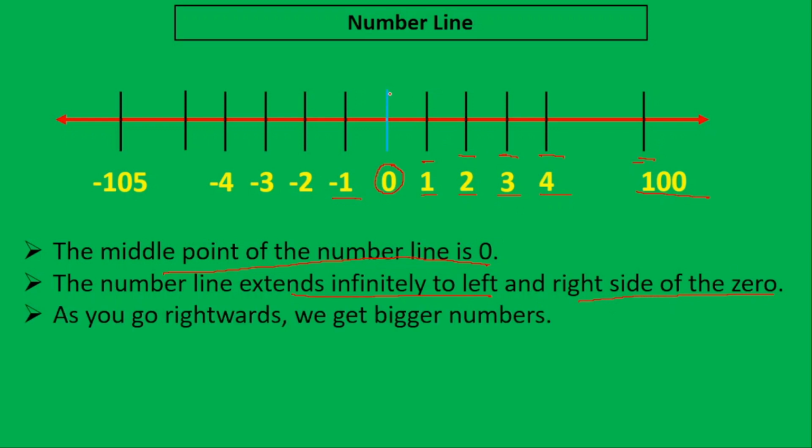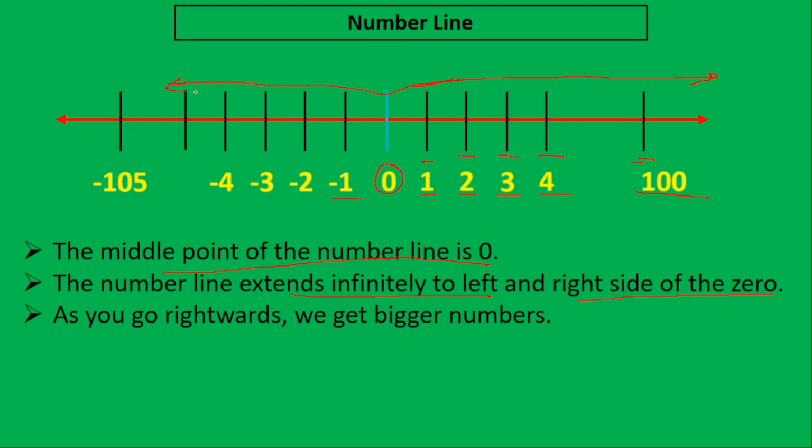The number line extends infinitely to the left and right side of 0. As you go rightwards, we get bigger numbers. So any number coming right after a number is bigger than the previous number. Right, bigger.